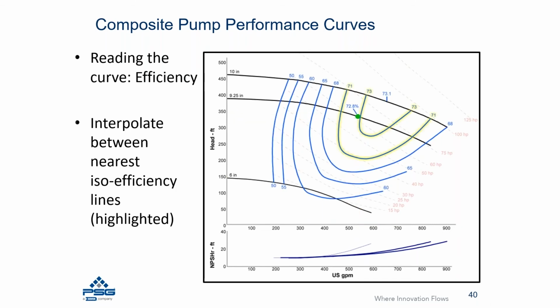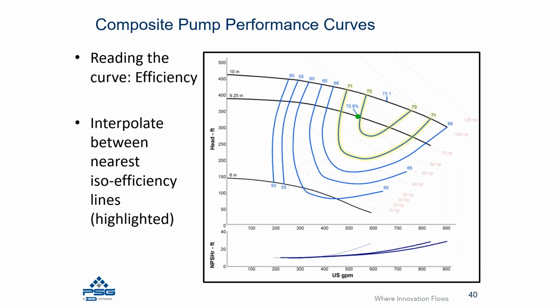So from here, we need to understand how efficient this pump is going to operate. And as you can see, this dot, this rated point for the pump, is between the 71 efficiency curve and the 73 efficiency curve lines. Now you're going to need to pick the line that is closest to the dot, and through interpolation, you're going to have to interpret what the actual efficiency is at the rated condition, or this green dot.